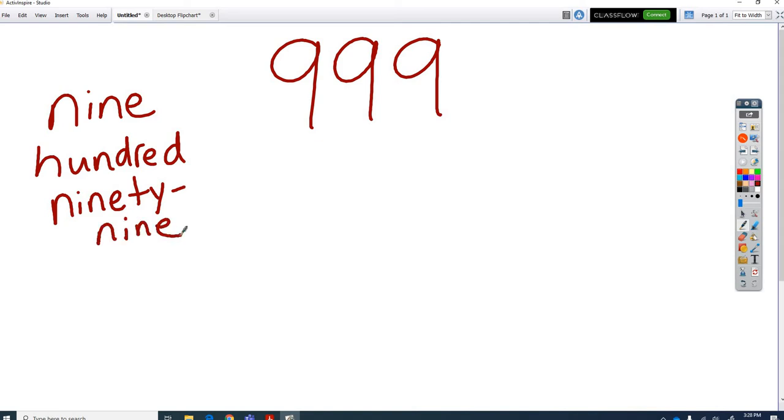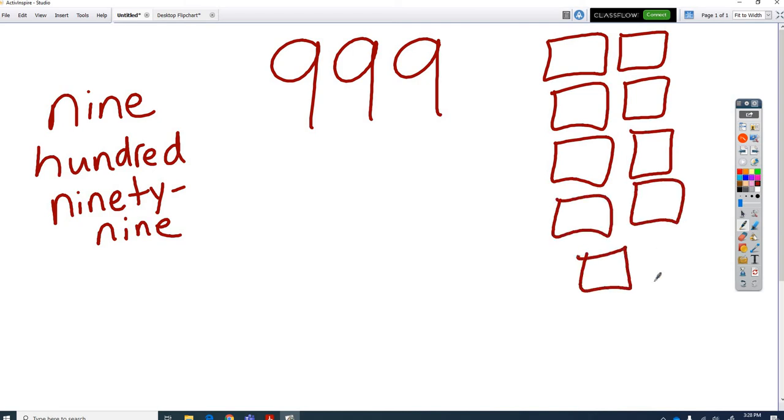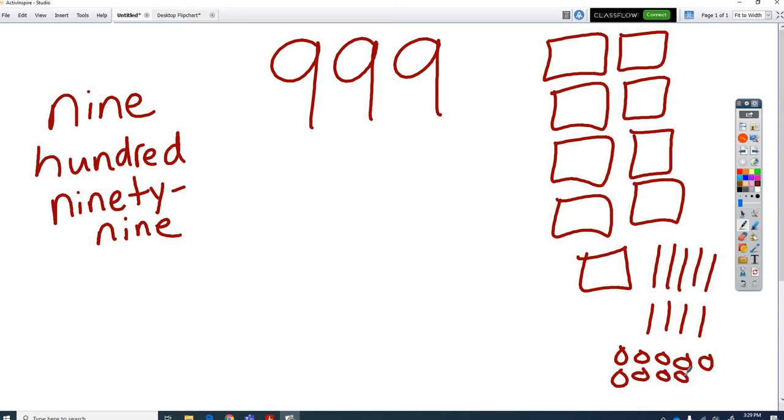If I was going to draw it with blocks, goodness, it's going to take a lot of blocks. I'm going to need 9 hundreds. Oh my goodness, Jonah, what a big number. And then I need 9 tens. And then I need 9 ones as well, because 999 has 9 of everything.